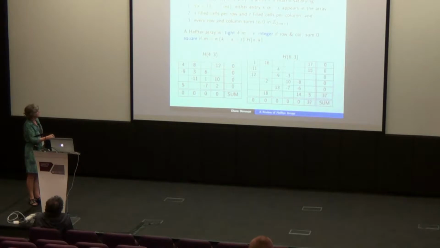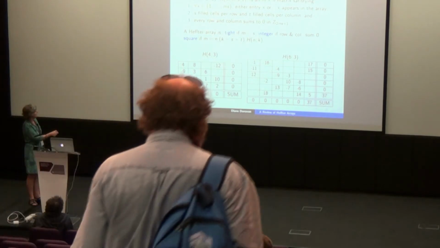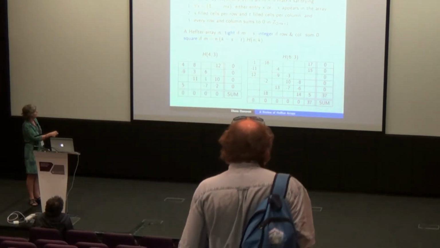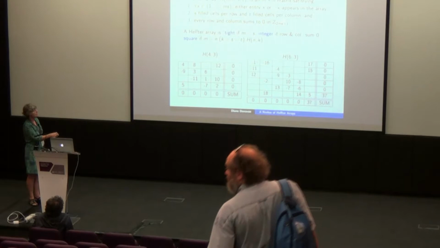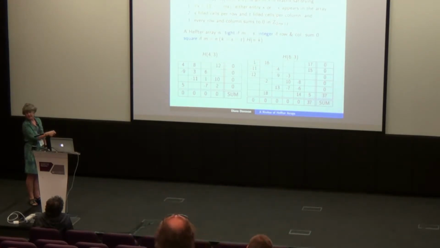And we want to distribute these entries throughout our array such that there are S filled cells per row and T filled cells per column, but we want to do it in such a way that every row and every column sums to 0 modulo 2 times m times s plus 1.